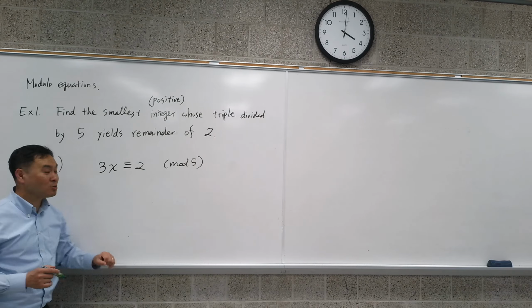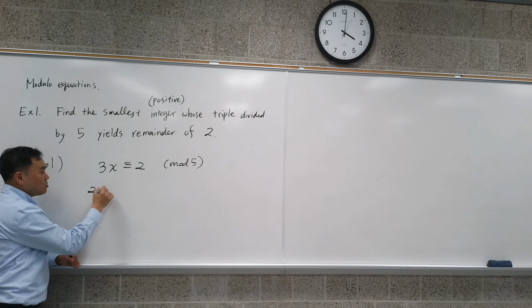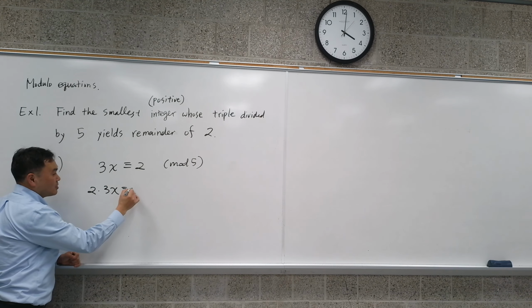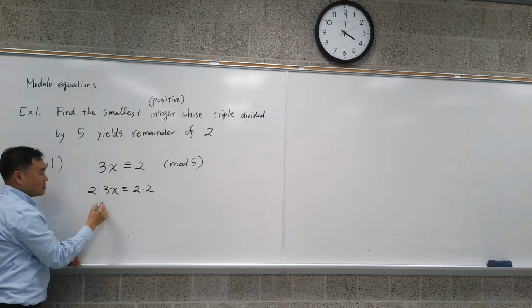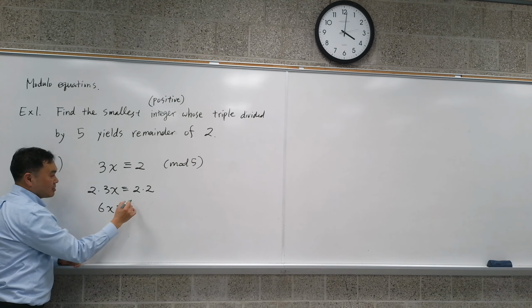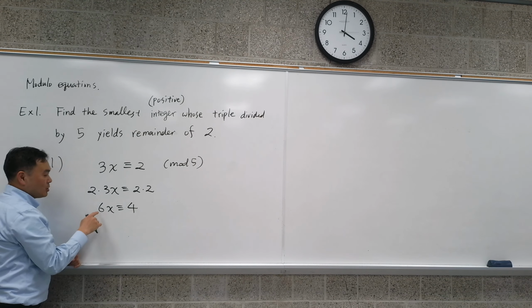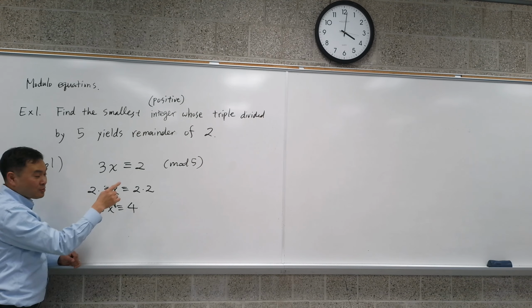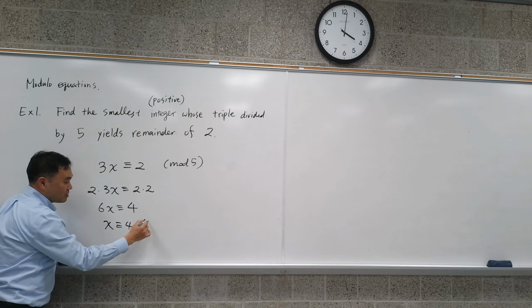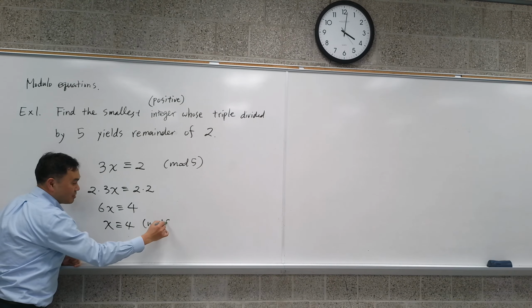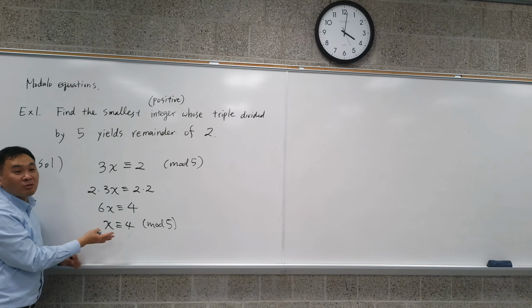So what you do is multiply both sides by 2. The left becomes 6x, and 2 times 2 is 4. But 6 mod 5 is 1, so that's the same as x is congruent to 4 mod 5. So the answer is 4.